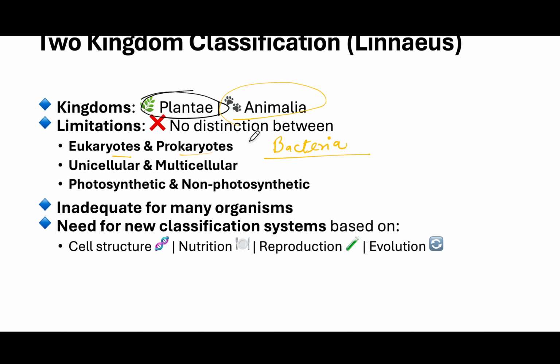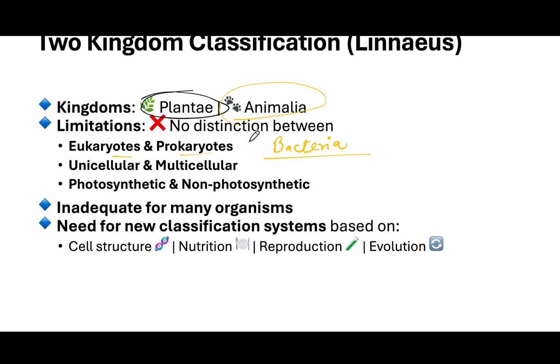All these points were not considered in the two kingdom classification system. So for many organisms, such as bacteria, protozoa and fungi, how do we classify them? No idea, right? There are lots of limitations in the two kingdom classification.